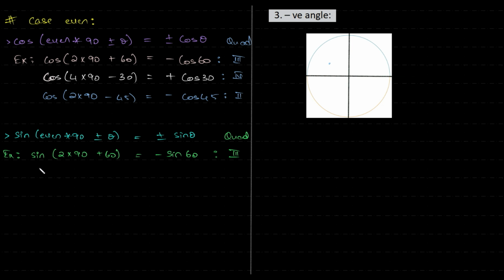Okay, next we have sine of 2 into 90 minus 60, for example. So first, 2 into 90 is the negative x-axis, minus 60 is your second quadrant. So this is positive. So sine will remain sine because it's an even multiple, and this is 60.